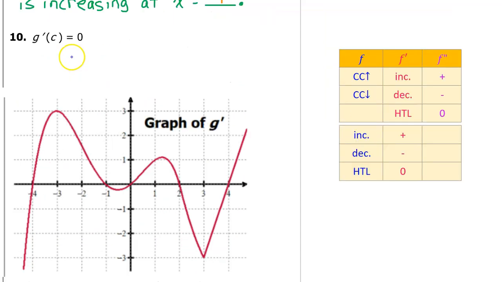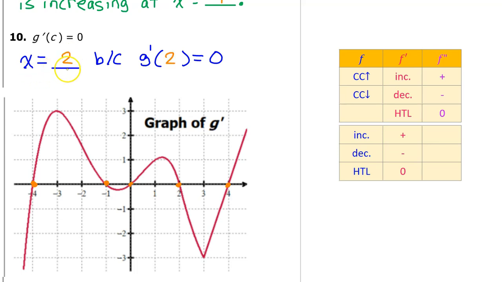For number 10, we need to find a value of x where g prime is equal to 0. Since we are given the graph of g prime, we don't need to change this. We can just look at g prime and see where g prime is equal to 0. For example, -4, -1, 0, 2, or 4. Let's pick 2.